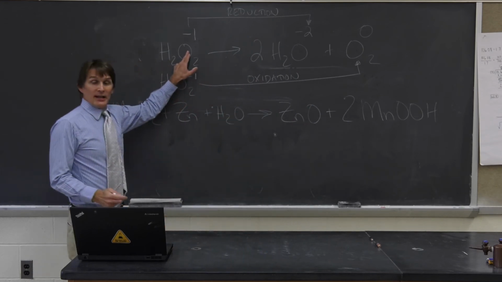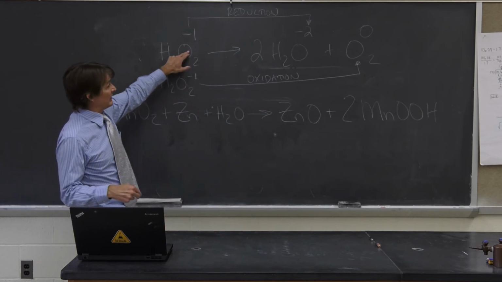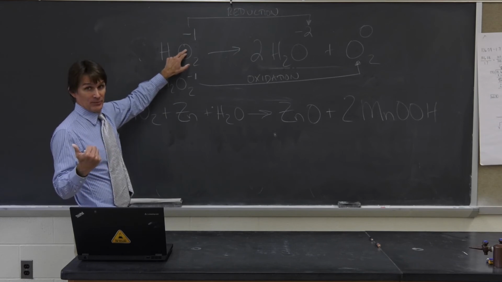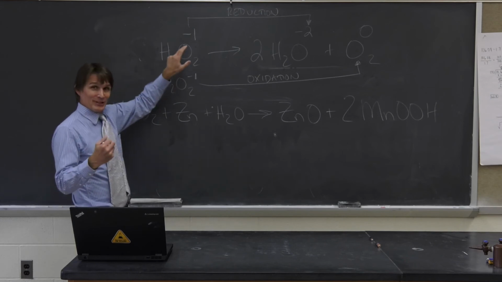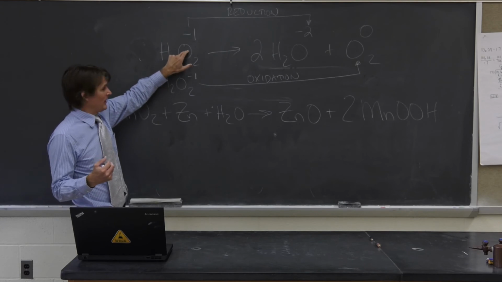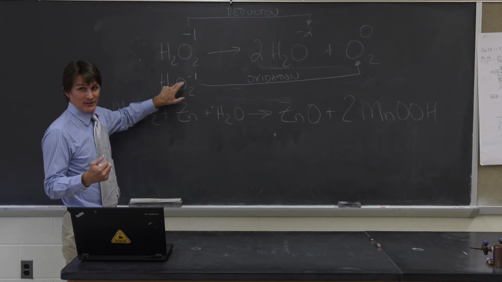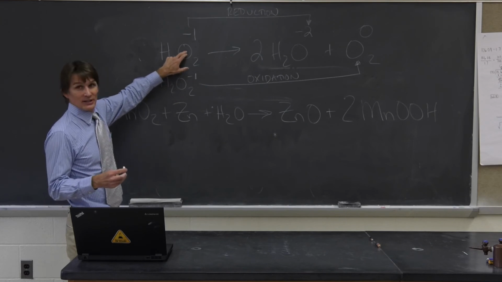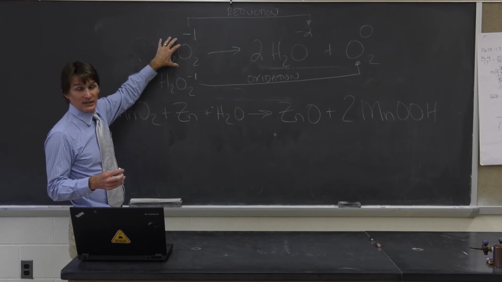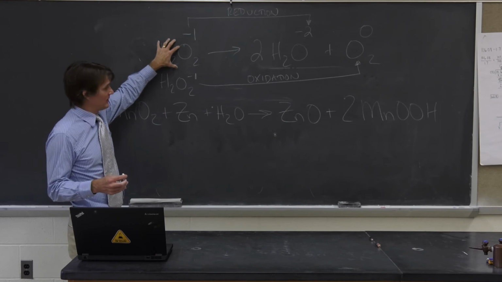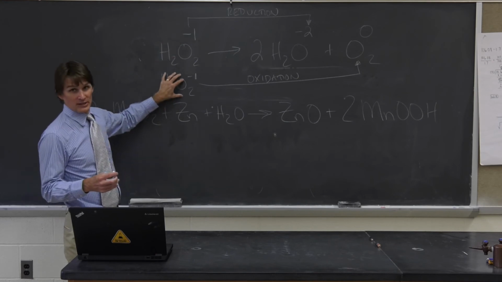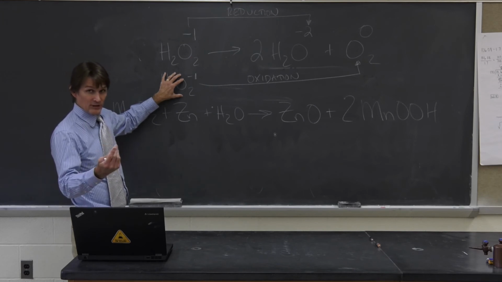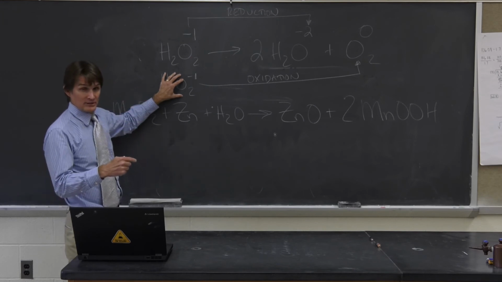Now, the thing that is reduced is gaining electrons, so it must be causing the oxidation of something else. So this hydrogen peroxide molecule is causing the oxidation of this hydrogen peroxide molecule. So this hydrogen peroxide molecule would be the oxidizing agent, whereas this hydrogen peroxide molecule is being oxidized, losing electrons, so it must be pumping electrons into something else.